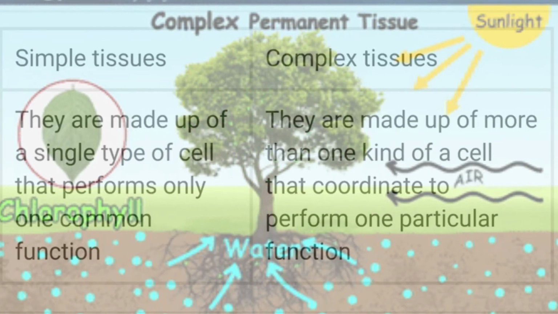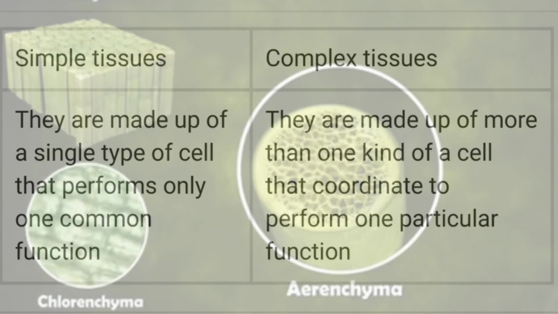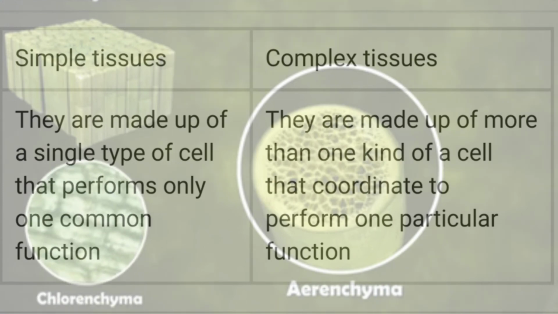Simple tissues in plants are made up of a single type of cell that performs only one common function. Complex tissues, like xylem and phloem, are made up of more than one kind of cell that coordinate to perform one particular function.